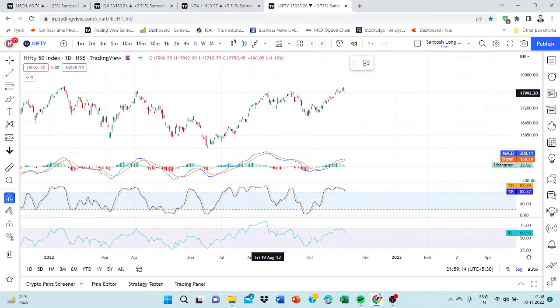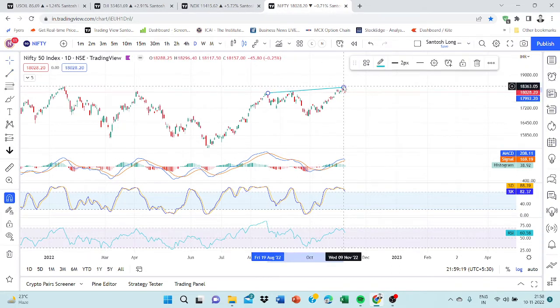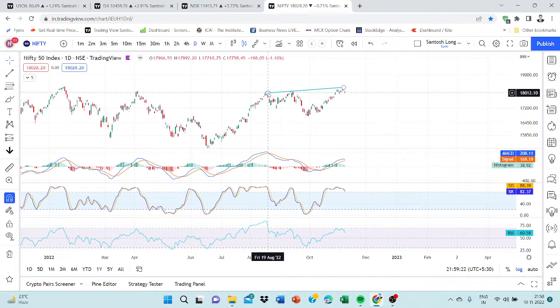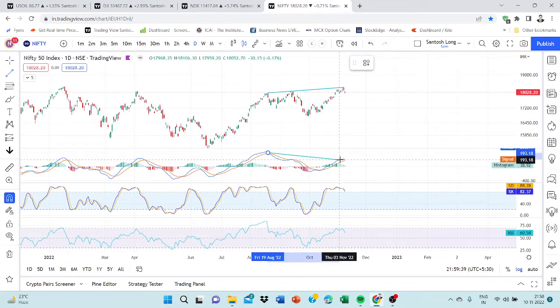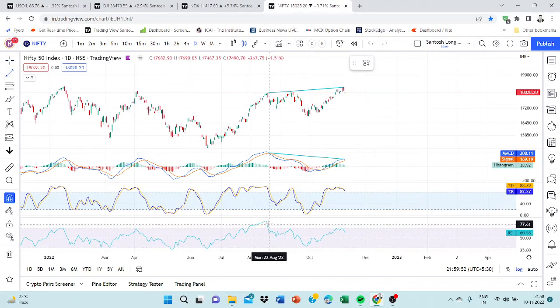And as I always say, from this point to this point, 1, 2, 3. So this is a perfect resistance. Now let me draw this. This is the MACD. Fine, picture perfect. Then MACD, and this is stochastic.